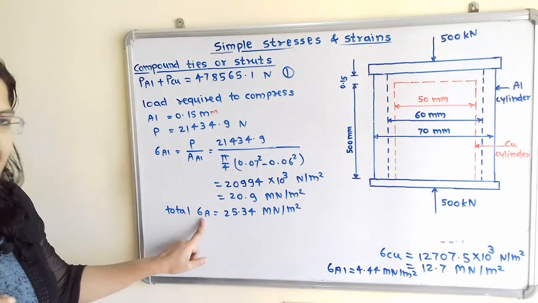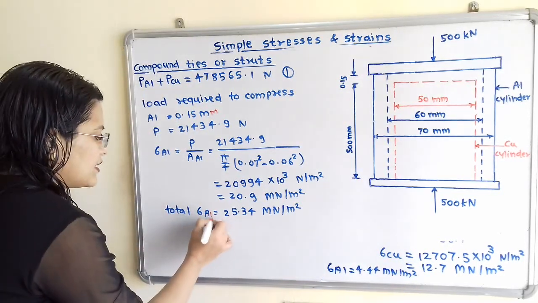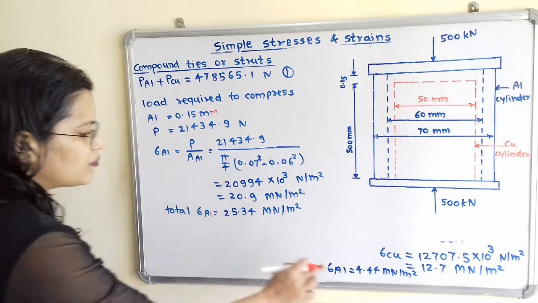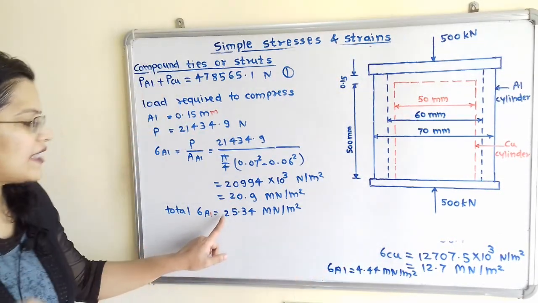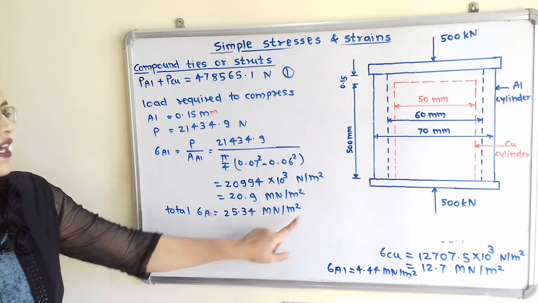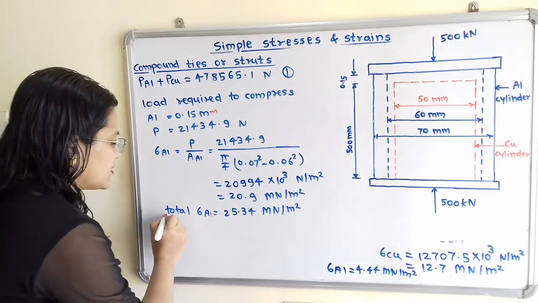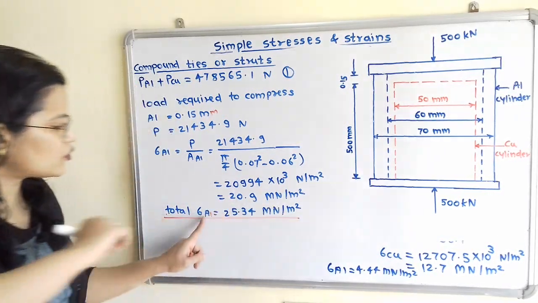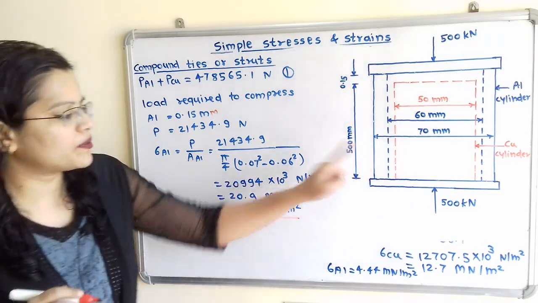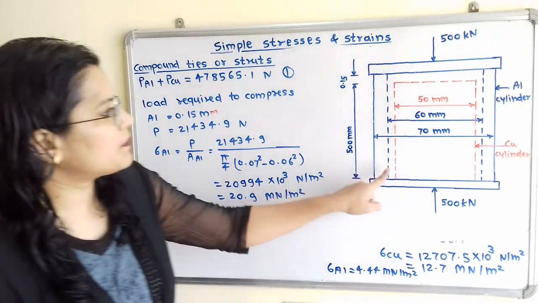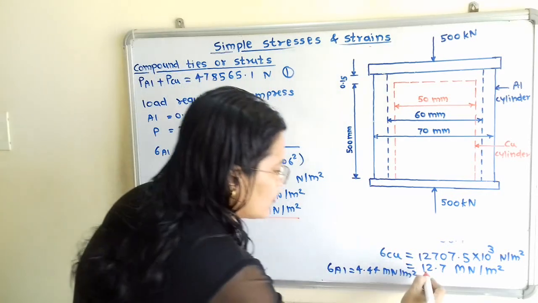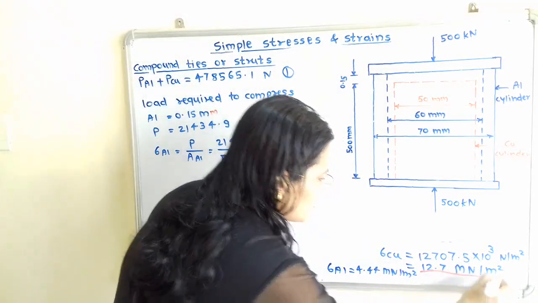So the total stress developed in the aluminium cylinder is 20.9 plus 4.44, that is 25.34 mega newton per meter square. So this is the answer. We had to calculate the total stress developed in the aluminium cylinder, and the stress developed in the copper cylinder is equal to 12.7 mega newton per meter square.